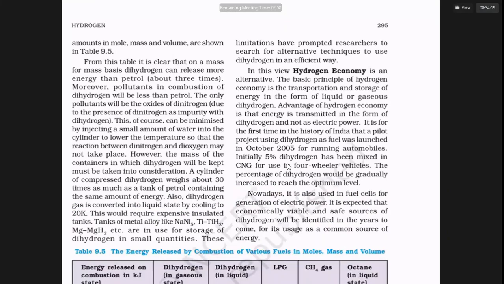If you are able to store and transport them as a liquid or gas, a lot of money can be saved from buying fuel like petrol, diesel. Therefore, it's a good idea to develop hydrogen as an alternate fuel. Moreover, it won't cause any pollution to the environment. If you burn it, you get water.